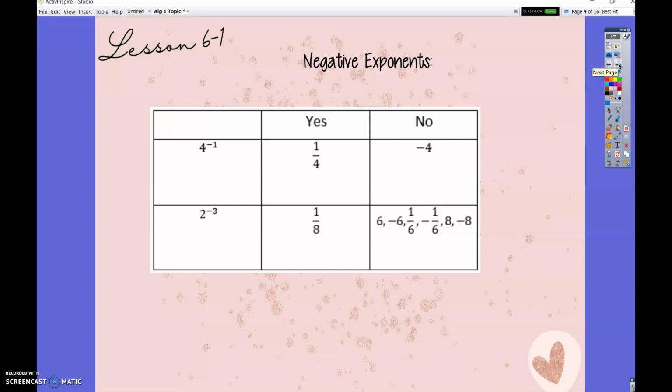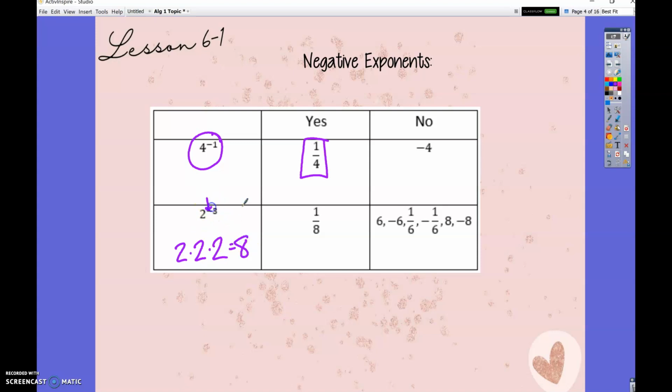One other type of exponent you might encounter is a negative exponent. 4 to the negative 1 actually is 1/4. It is not negative 4. Or 2 to the negative 3. We still want to know what 2 times 2 times 2 is, because that's what 2 to the third would be, and that's going to be 8.